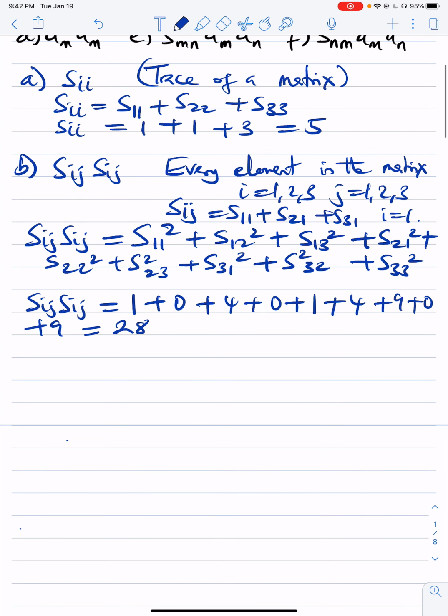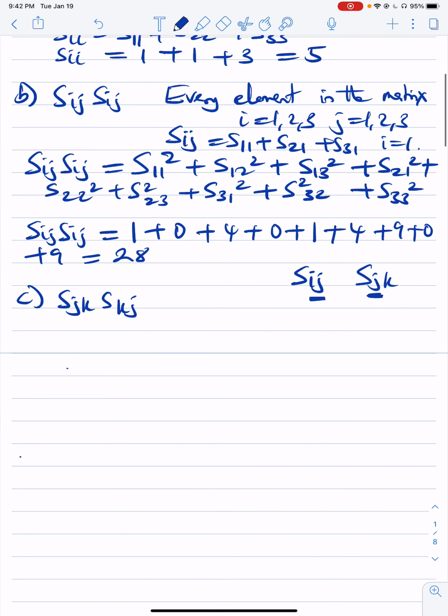Now, if you look at C, it says SjkSkj, right? Okay. Now, from what we can see in the question, we have Sij, right? But in reality, whether it's Sij or Sjk, it's technically the same, because you are the one who makes the choice of this.